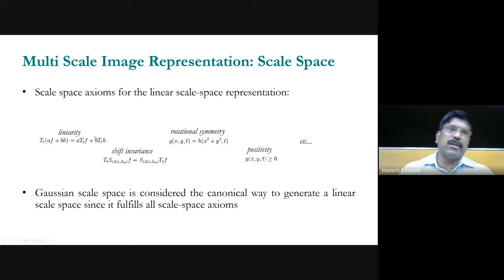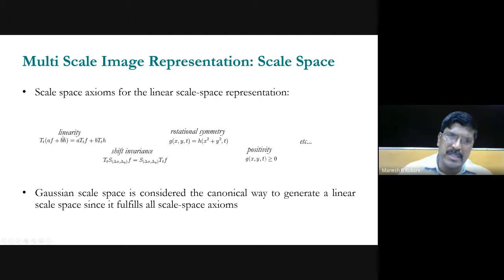So if a function is linear, shift invariant, rotationally symmetric, and has positivity, then it can be used as a function for scale space representation. So Gaussian scale space is considered the canonical way to generate a linear scale space, since it fulfills all those axioms.